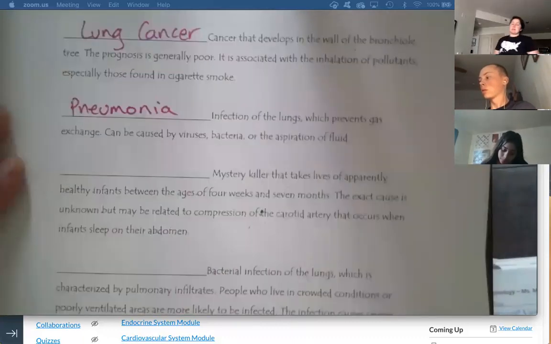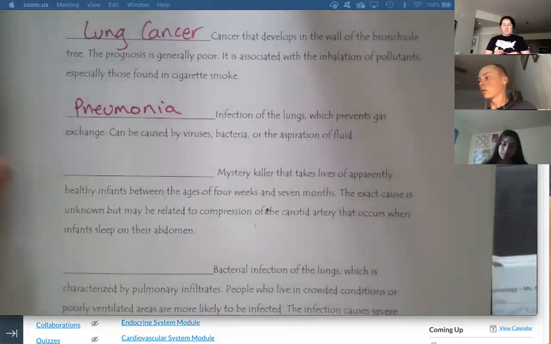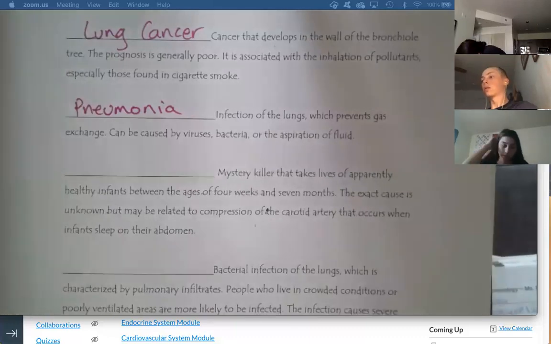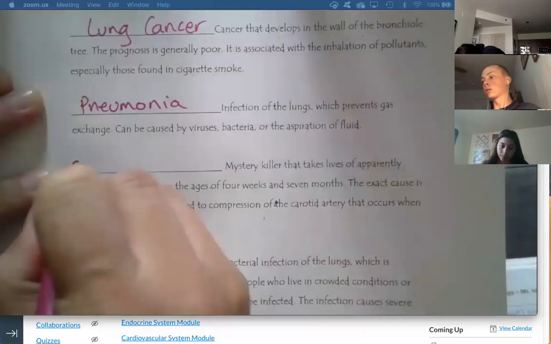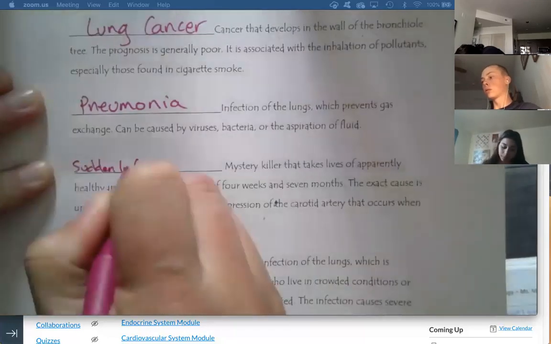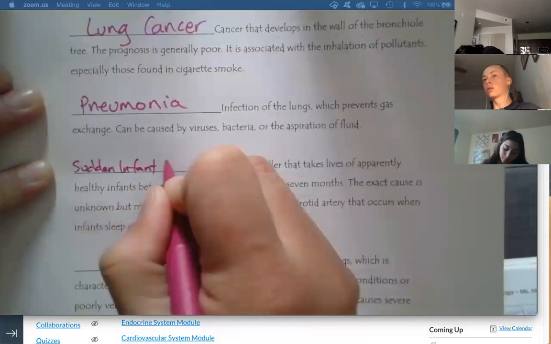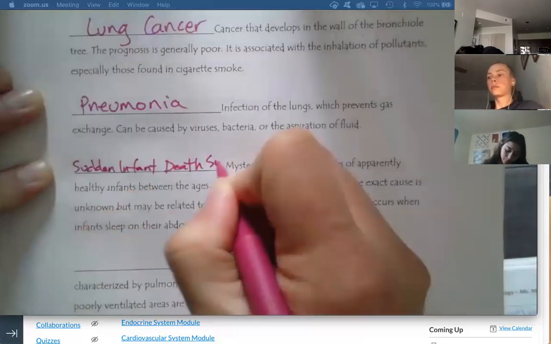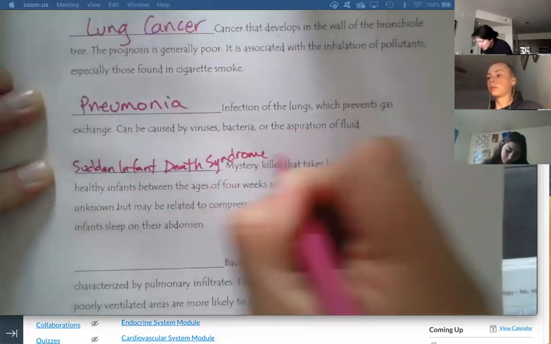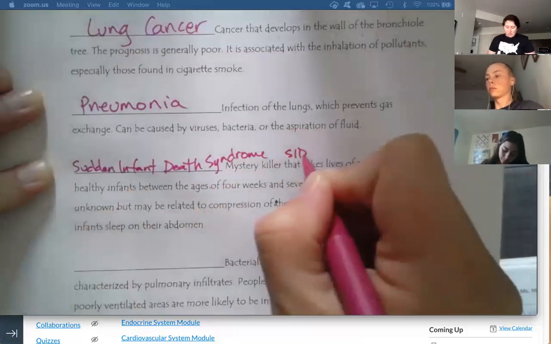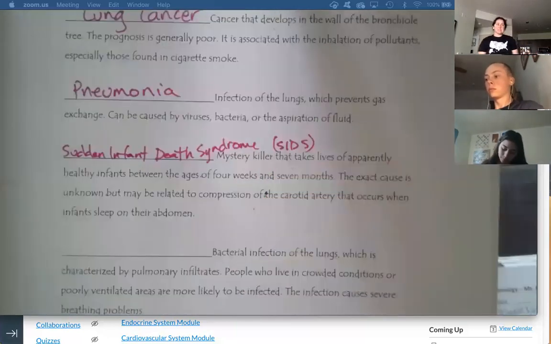Okay, there is a condition, sudden infant death syndrome, also known as SIDS. It's a mystery killer. Basically, it will happen before the baby is 6 or 7 months old, and the parent will go in to get the baby up in the morning, and the baby has passed away.